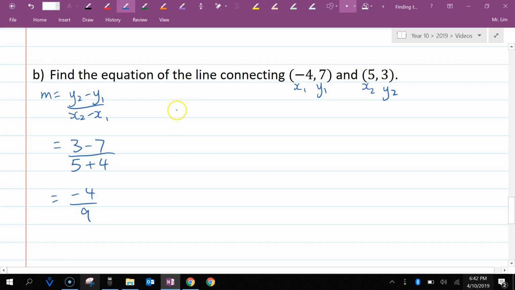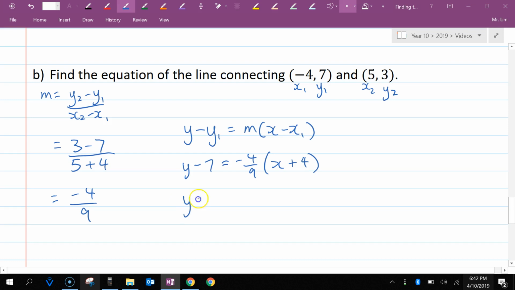So our equation of the line, we can pick any one of these, like I said. Y minus y1 is equal to m bracket x minus x1. I'll use the first one. Y minus 7 is equal to -4 over 9 bracket x plus 4, because -4 is plus 4. Let's expand the brackets. Y minus 7 is equal to -4 over 9x minus 16 over 9.